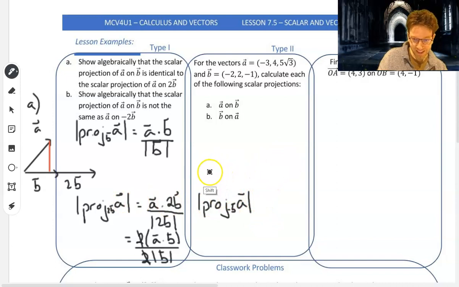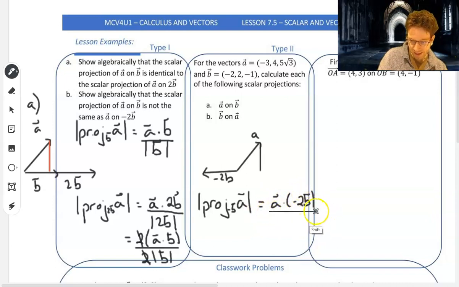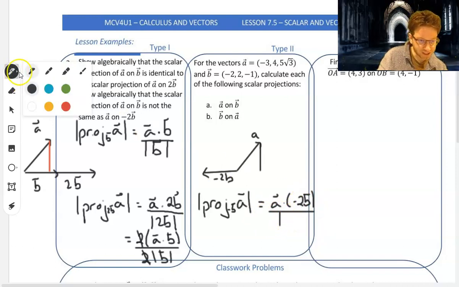So negative B is in this direction then, and A is still something like that. So A and negative 2B. Well, if we're going to take the projection, taking the projection over here, so what does that mean? What do we get? Well, we do the dot product of A and negative 2B, and we divide that by the magnitude. Oh, sorry, not 2B, just negative B.